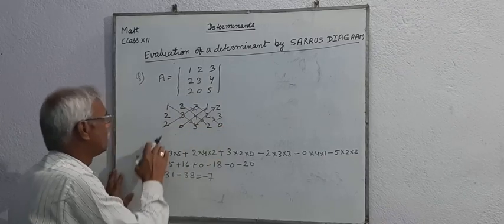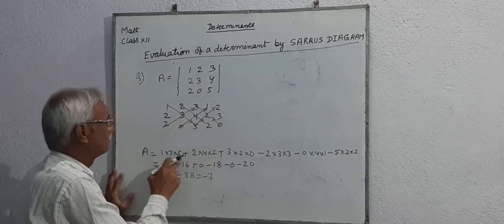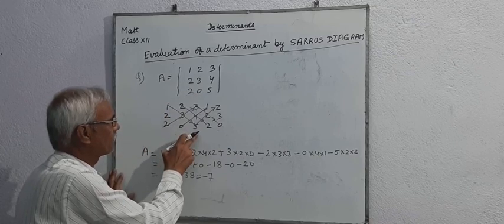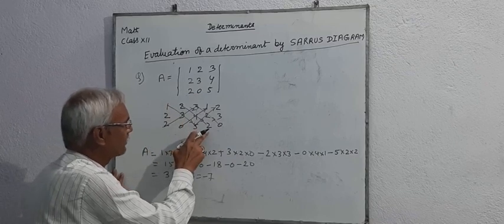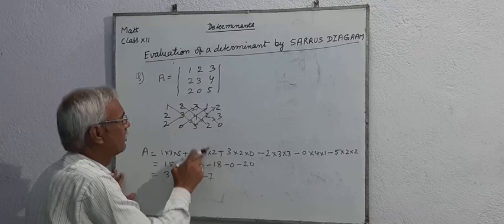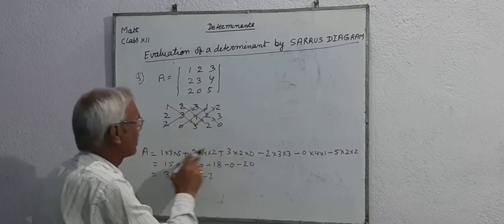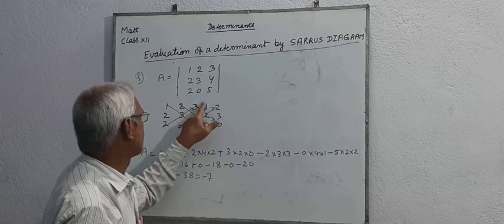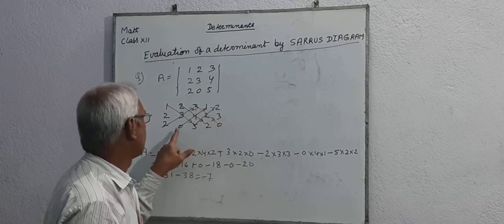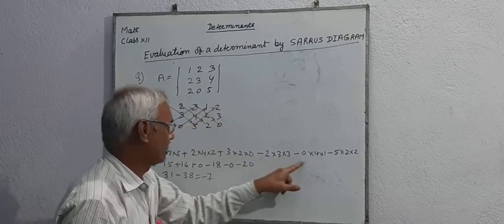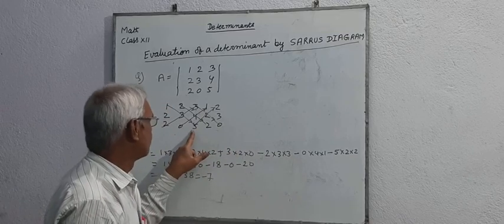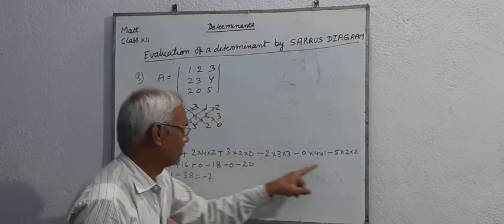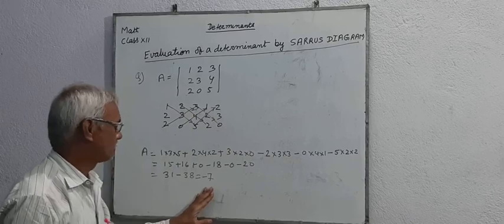Multiply the elements of the first, second and third diagonals and add, then subtract the bottom diagonals. We get the answer minus 7.